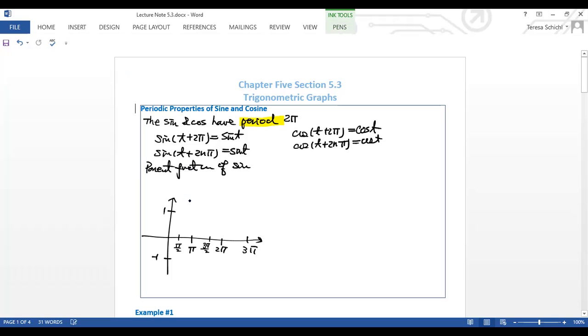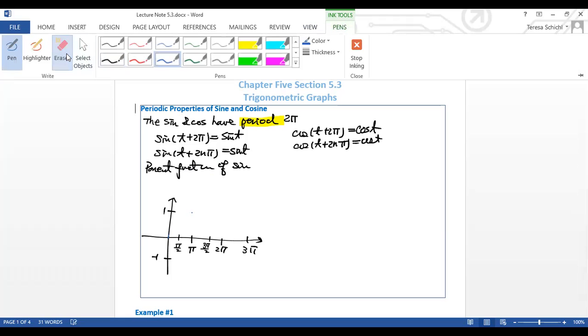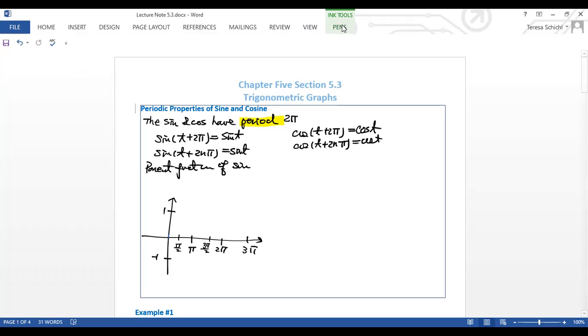So the sine function looks like this. At pi over 2 it is 1, then it goes down and goes back up. This is one period, from 0 to 2 pi.